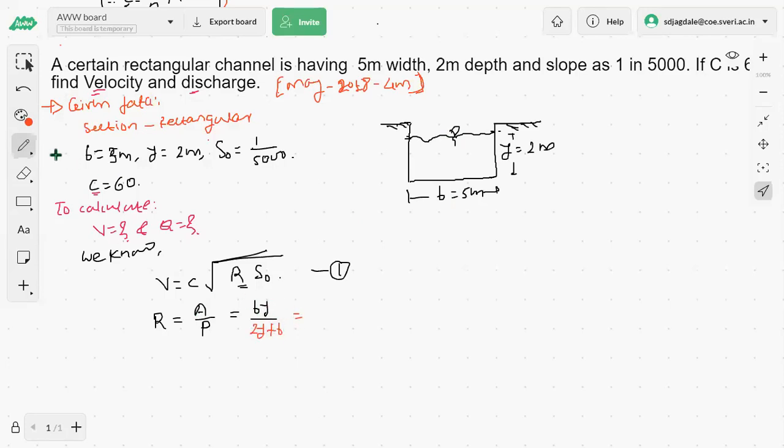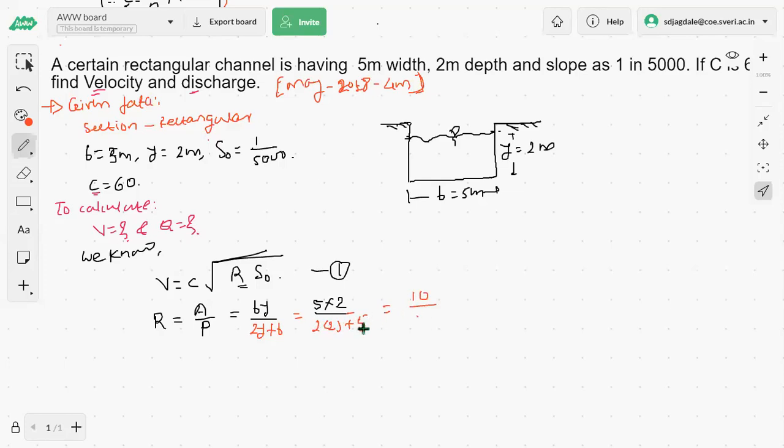So that is equals to b into y. Base width is given to us, that is 5 meters, into depth, 2 meters, divided by the wetted perimeter, which will be 2 into y plus b. So 2 into y as 2 plus b as 5. That is equals to 5 into 2, which is 10, divided by how much?